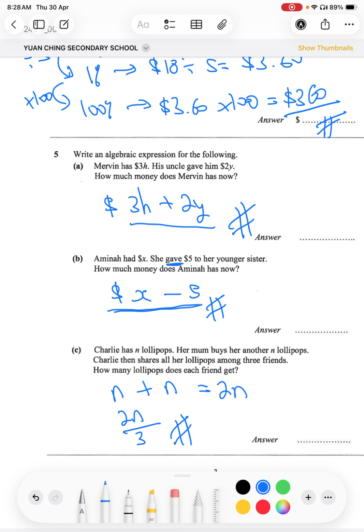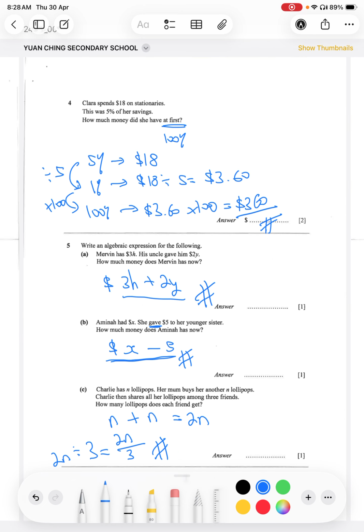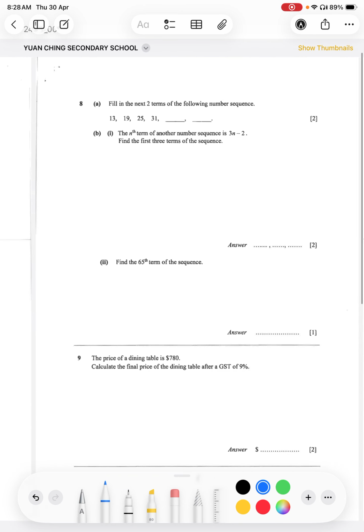So each friend gets 2n divided by 3. But you need to write it as a fraction. You can't leave it in the divide form, must change to fraction. That is correct. Okay, for this, the next one, on the next page.